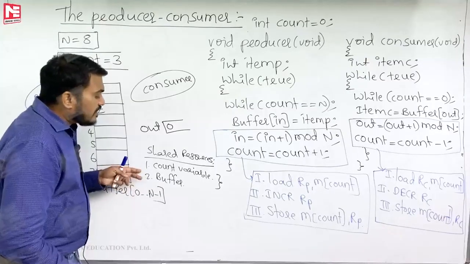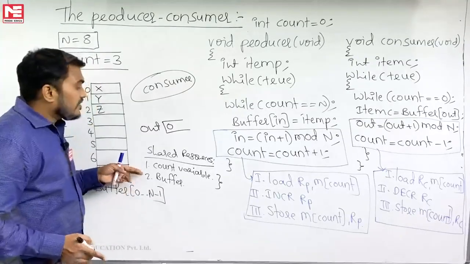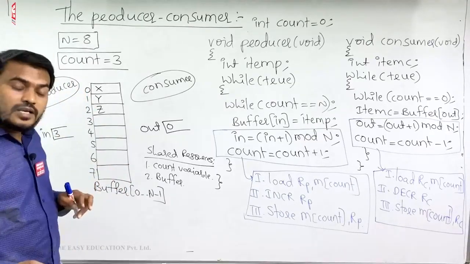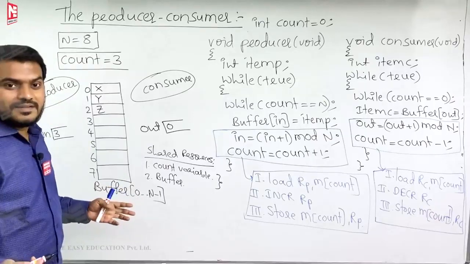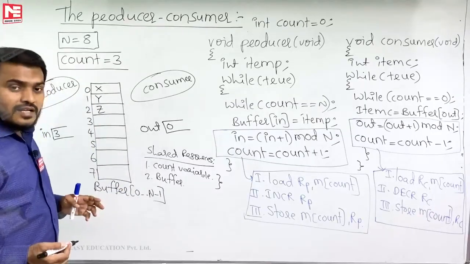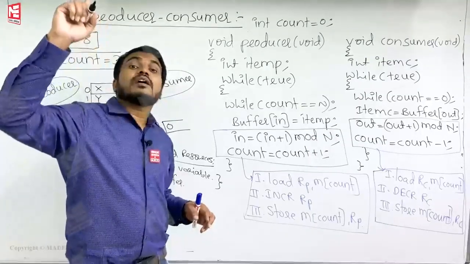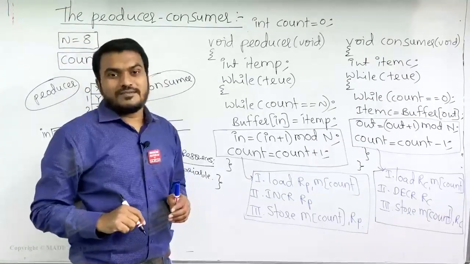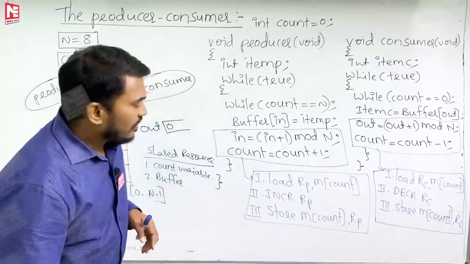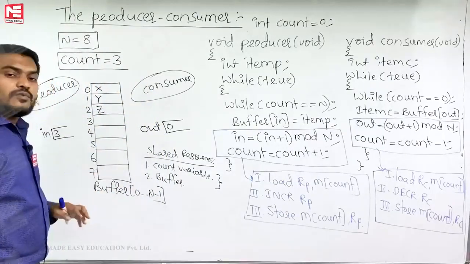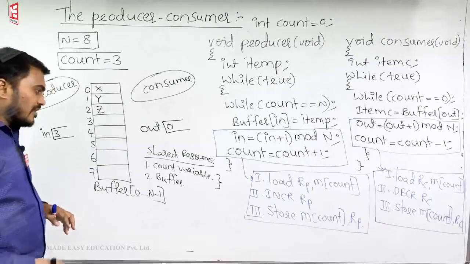Whenever you have shared resources, these processes are said to be cooperative processes. Remember, whenever you have cooperative processes, synchronization is required. Is that clear? So these two processes are cooperative processes, and when you have cooperative processes, we require proper synchronization.